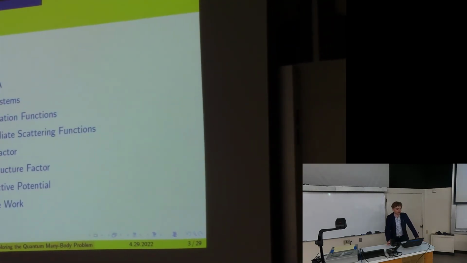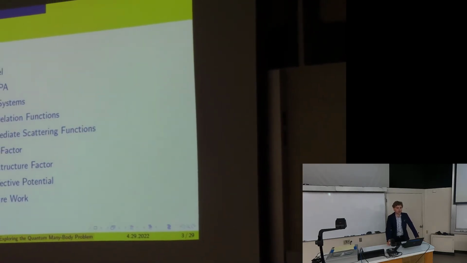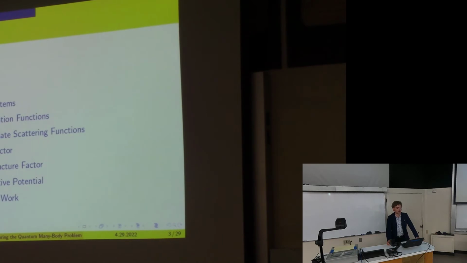So I'm going to talk about cold atomic gases, what they are. I'm going to talk about the Fermi-Hubbard model, which is the most common model used to study these systems. I'll talk about a theoretical method that's widely used called BCS theory, with GRPA, which is another add-on to it. I'm going to talk about probes in quantum systems and how we actually study them in the lab.